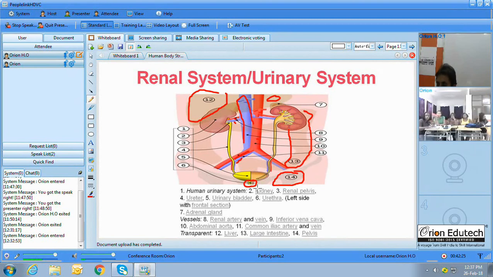The waste products like stool and urine pass out from the body to the outside through the urethra.